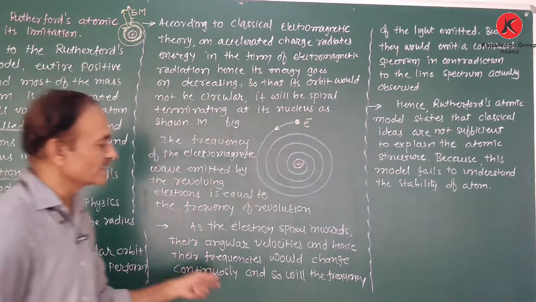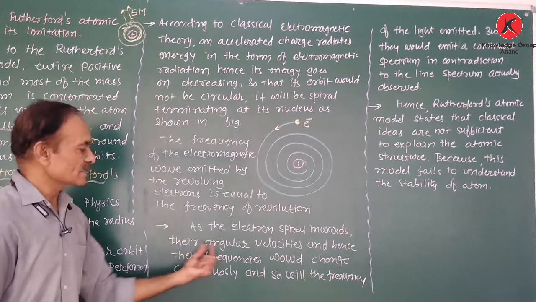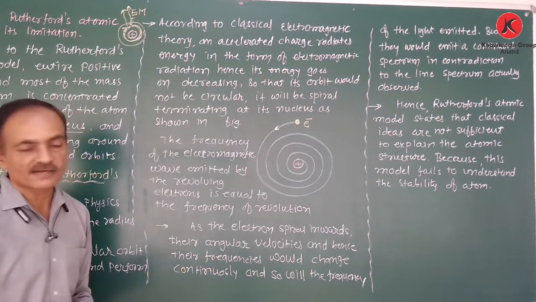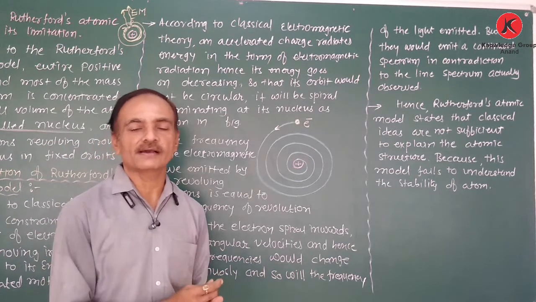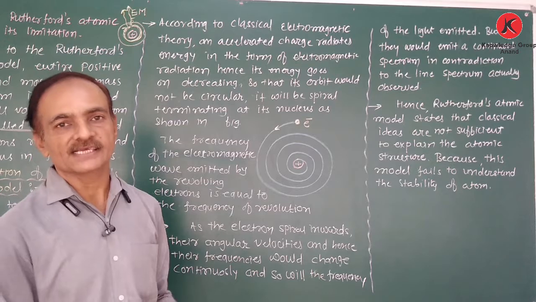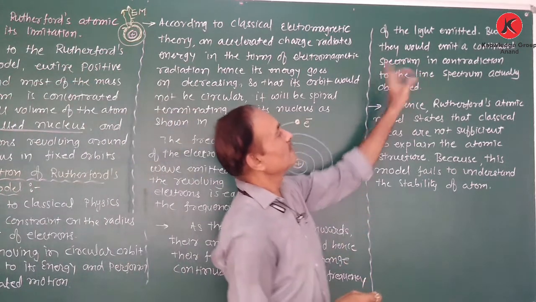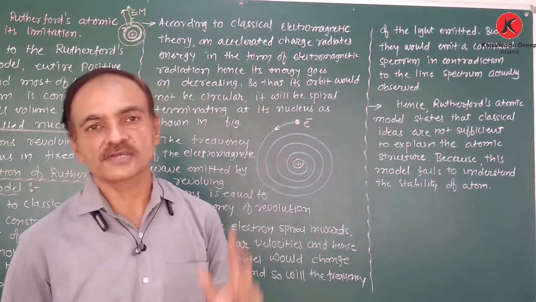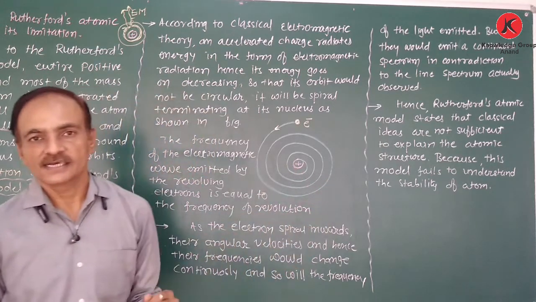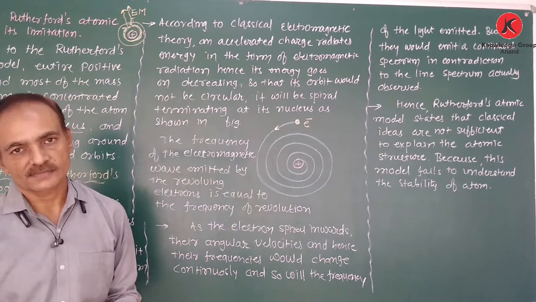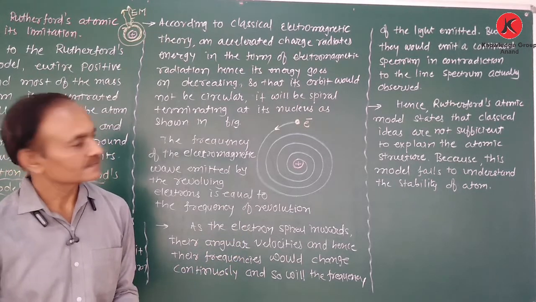The frequency continuously decreases, because as the electron spirals inward, its angular velocity and frequency decrease continuously. This is a contradiction to the line spectrum actually observed, which has definite, constant frequencies. So these two facts do not match each other.